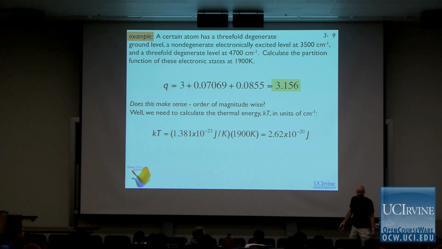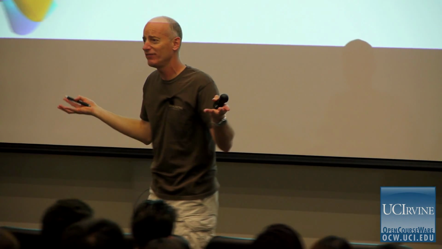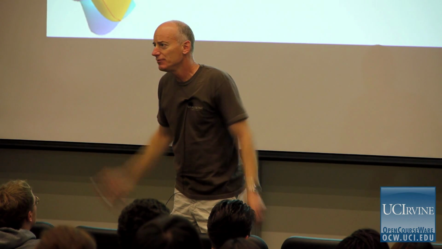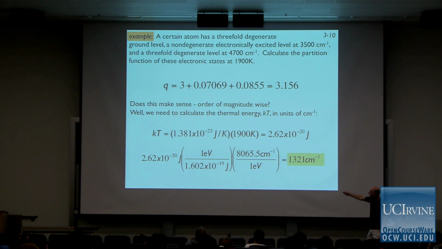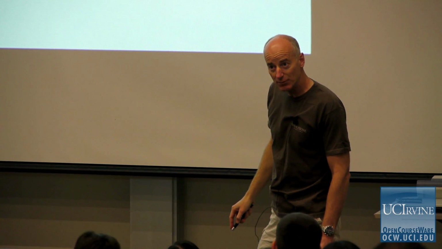As always, any answer in joules is counterintuitive. It's always 10 to the minus 19, 20, 24. Joules are not a unit that it's easy, at least for me, to grasp. So I always want to convert to eV or wave numbers. In this case, we're just converting to wave numbers as we've done before. 1,321 wave numbers is what that turns out to be equal to.